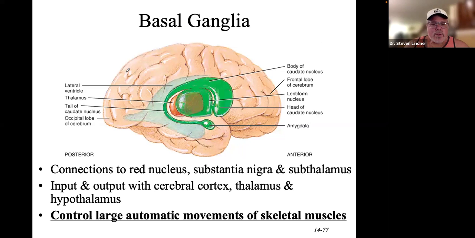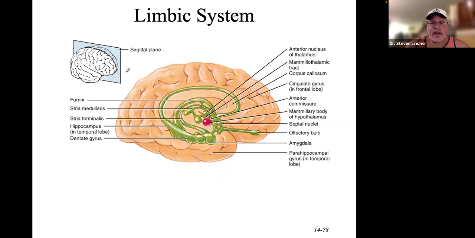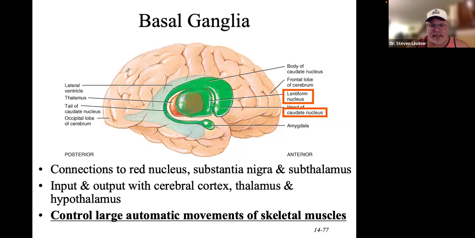Okay, the basal ganglia. The basal ganglia is a region of the brain that has connections to other parts that we have already mentioned. There are connections to the red nucleus, the substantia nigra, the hypothalamus. There's input and output to so many different parts of the brain.